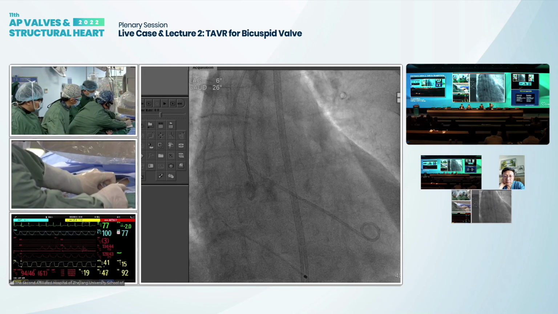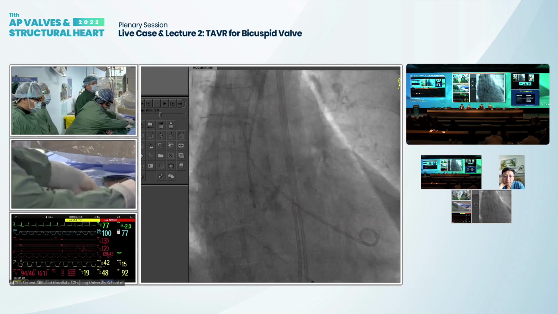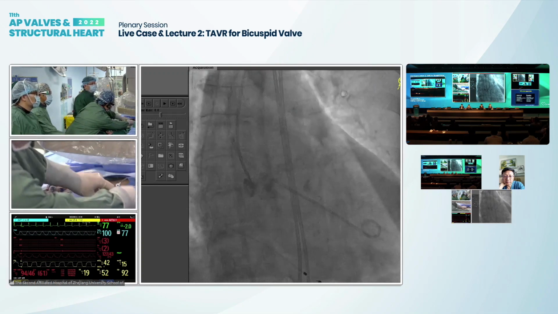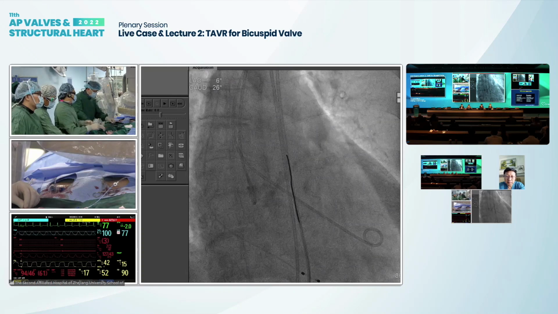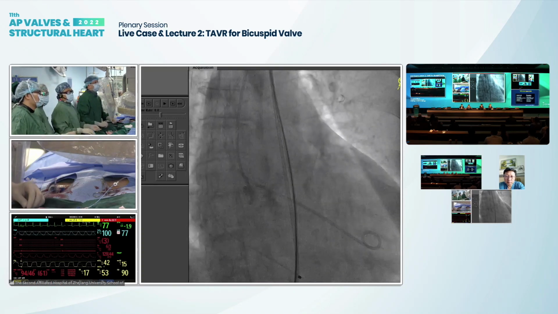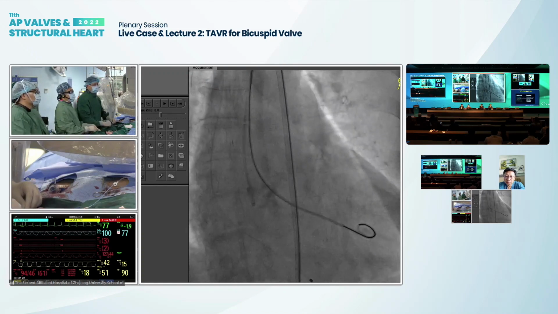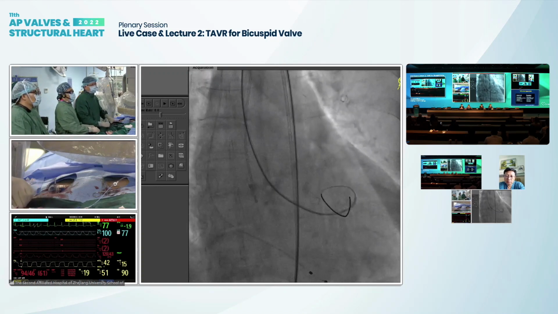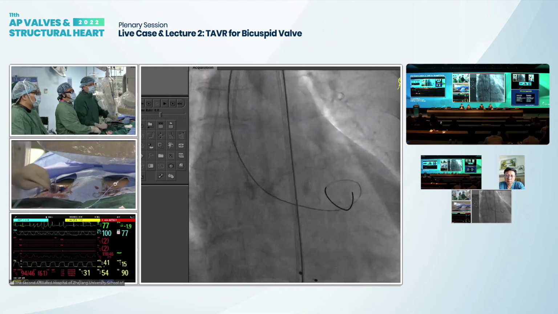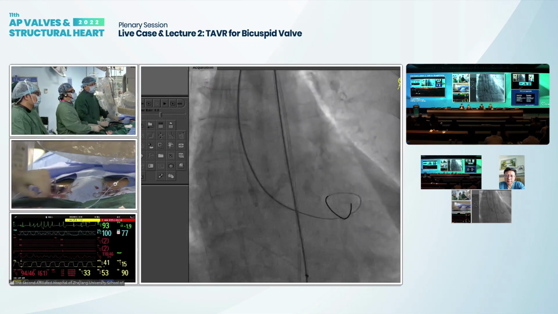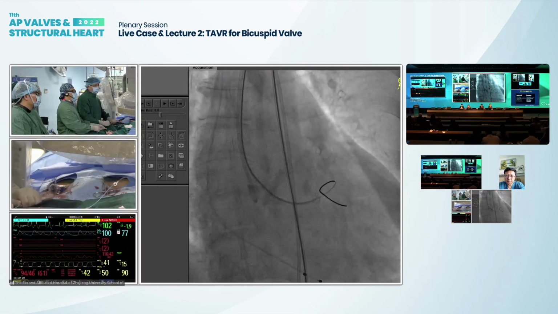One of the panelists has just asked the question whether the balloon expandable device is better than the self-expanding. Actually, until now, we don't have research evidence to support which one is good for bicuspid. We know the balloon expandable device has a very good radial force.